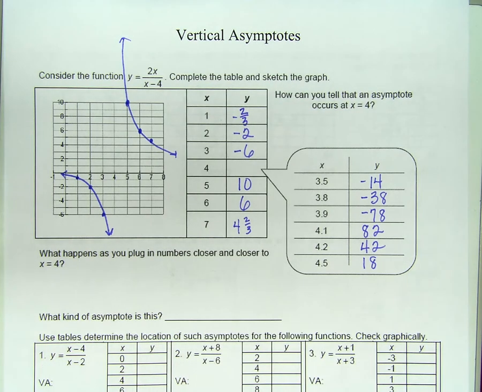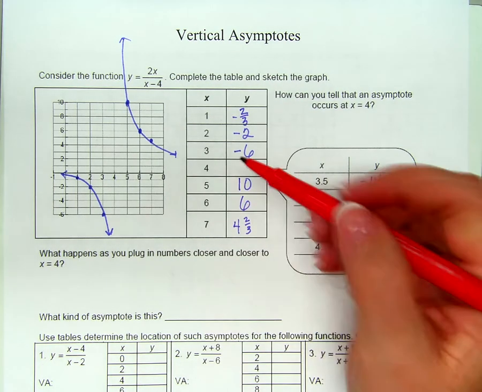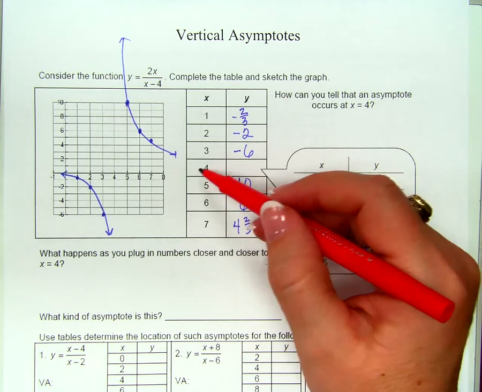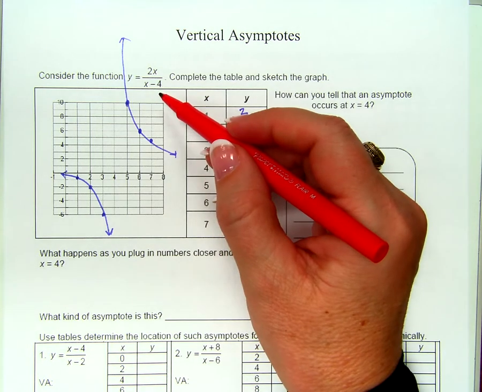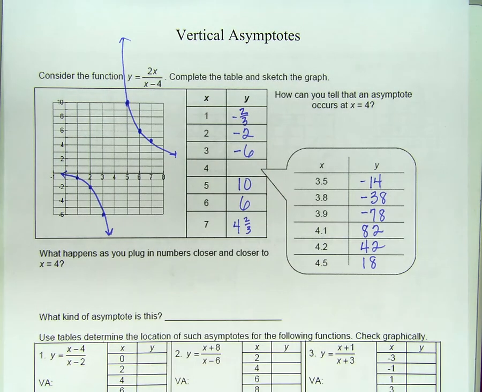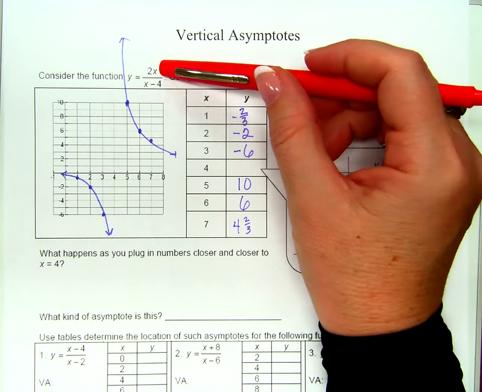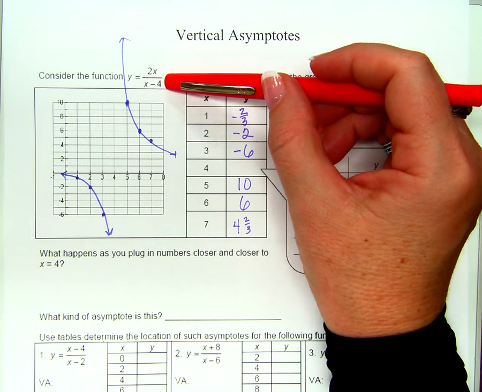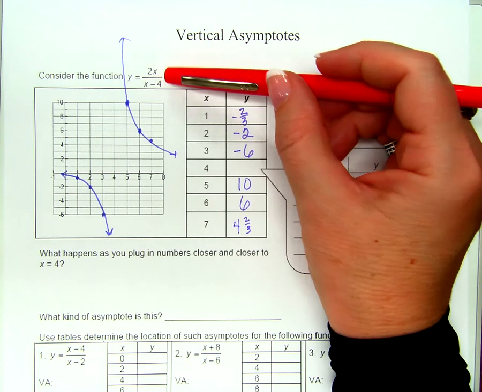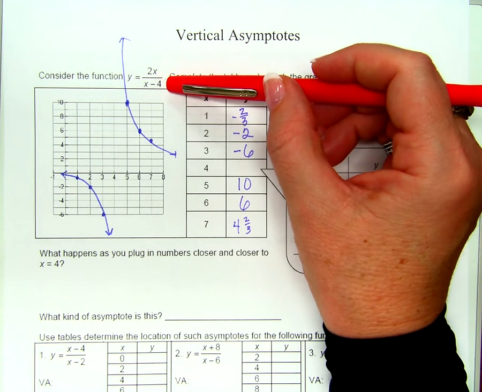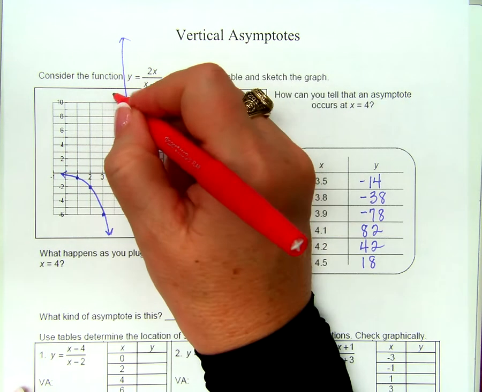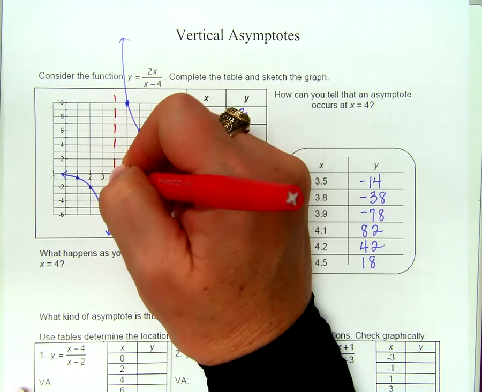But here's the deal. What happens if I put 4 into this? If I put 4 right here, what do I get? 8 over 0. Is that allowed? No. When that happens, that is where my asymptote lives.